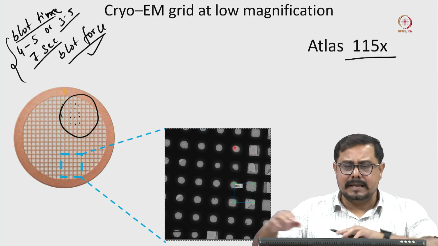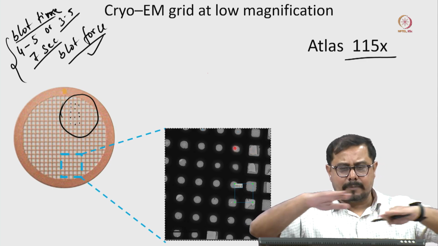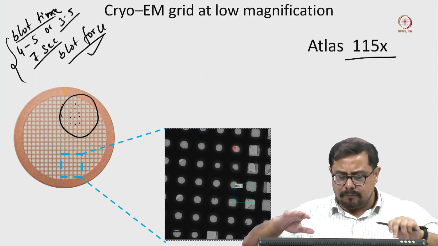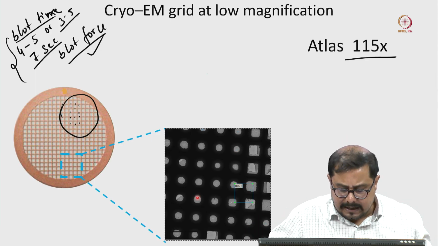Because if there is ice or carbon layer, it will form some kind of gray color, something like this one, something like this one.